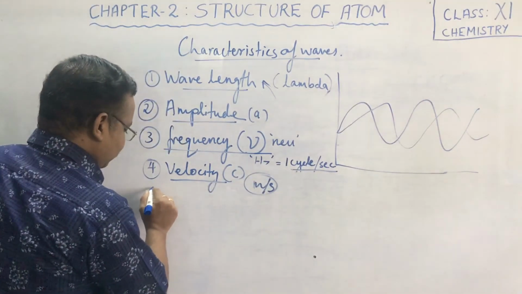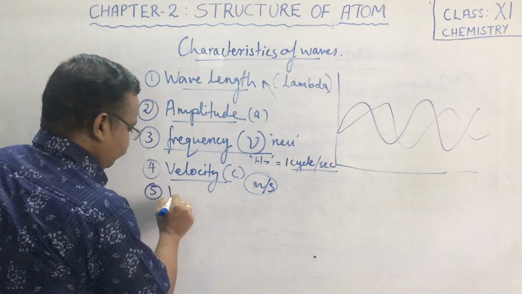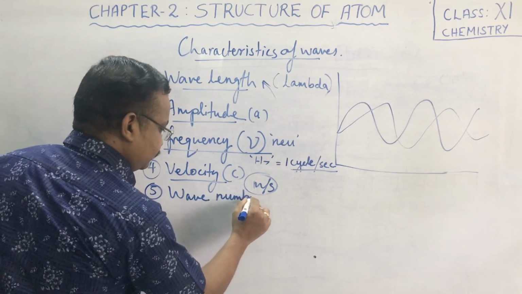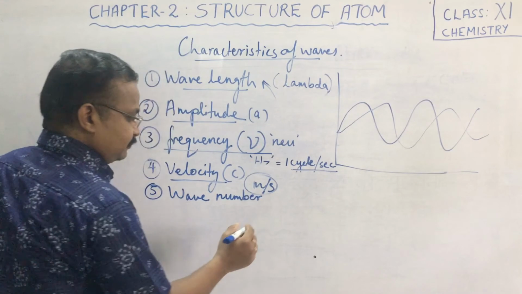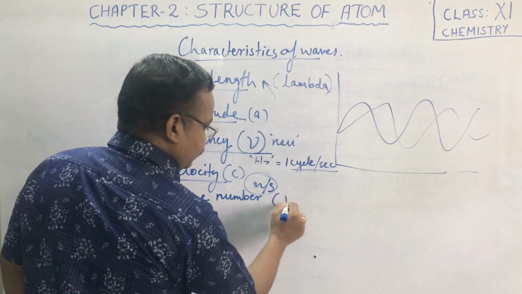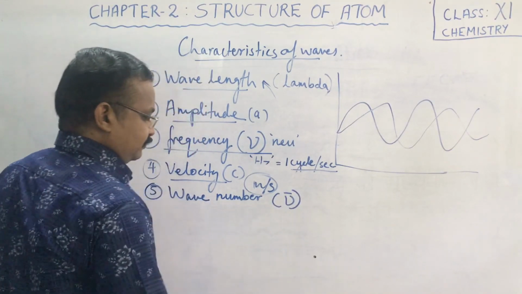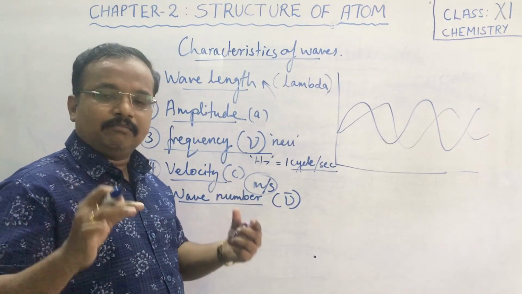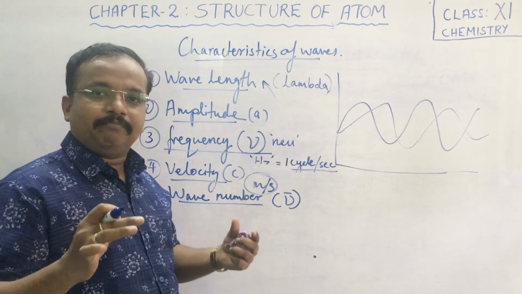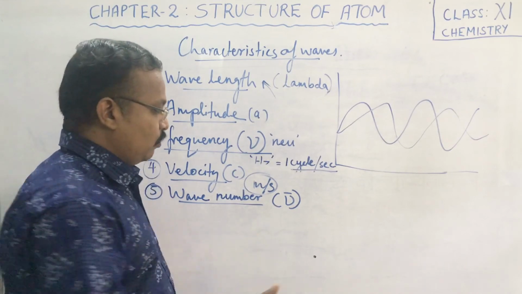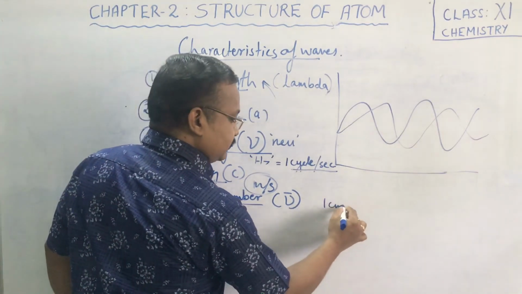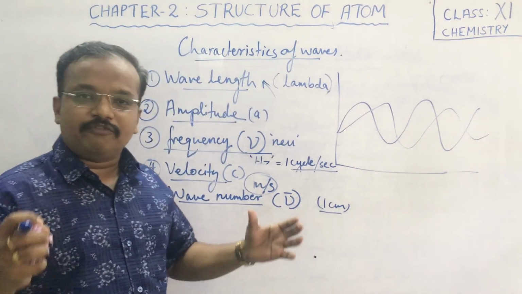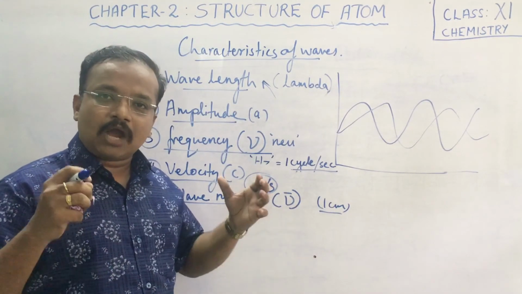Last we have wave number, that is nu bar. Wave number means the number of waves that can be accommodated in 1 centimeter length. In 1 centimeter length, how many waves can be accommodated?